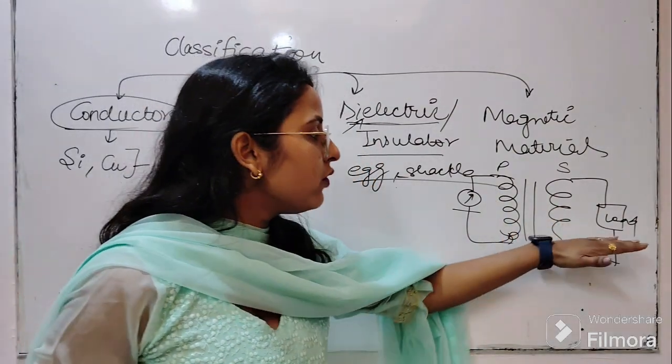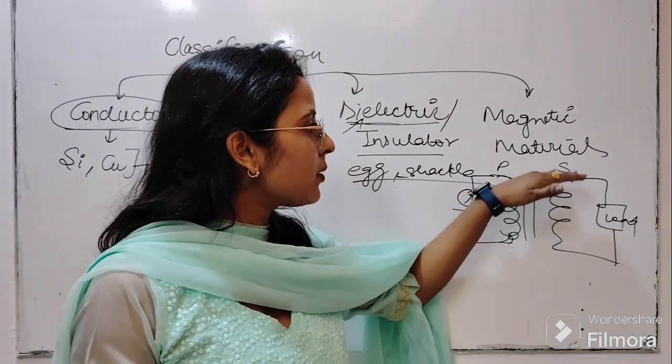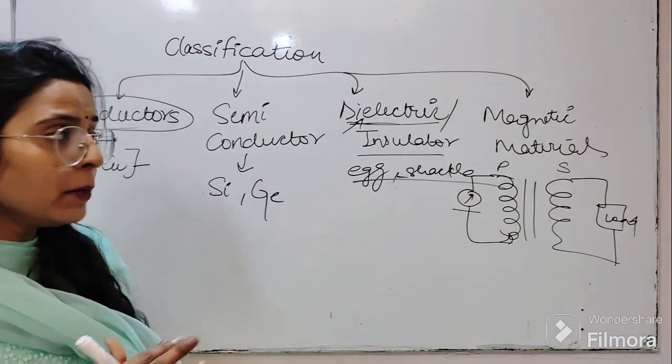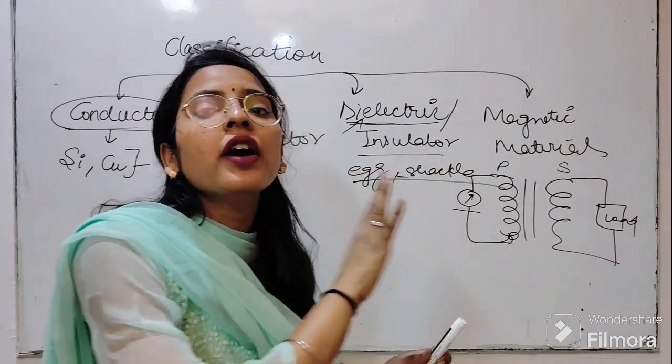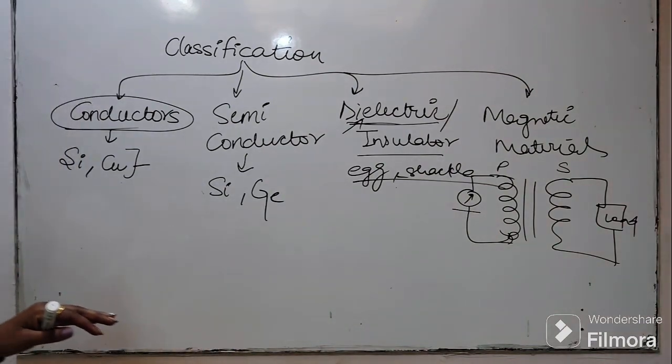Due to that, we can see some deflection on the load side. So these are the magnetic materials which are also helpful for the flow of current. You can look over here, and if you are having any difficulty, just ask me.